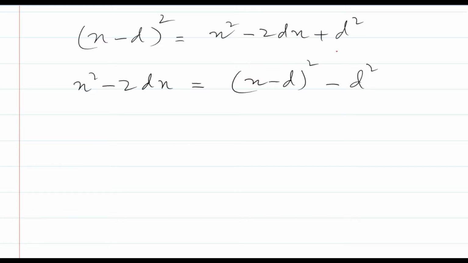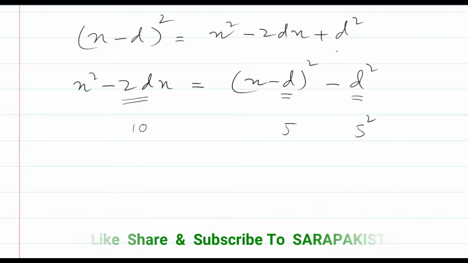And similarly, again you can notice that here you have 2d and here on the right side we use d only, means half of that number. If you have here 10, you will use here 5 and then square of 5. If you have here 4, you will write 2 here and the square of 2 here.